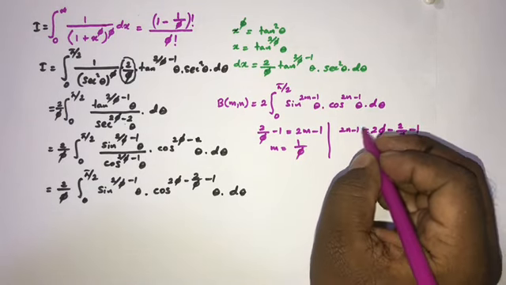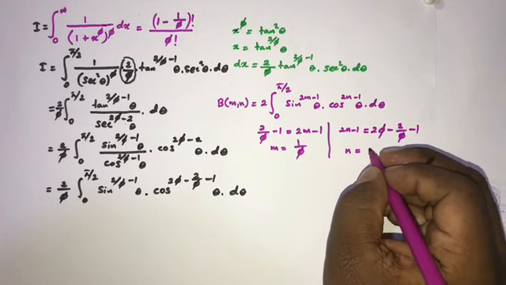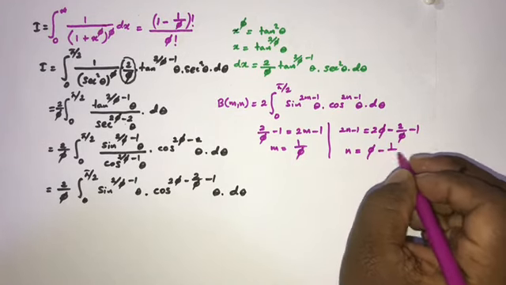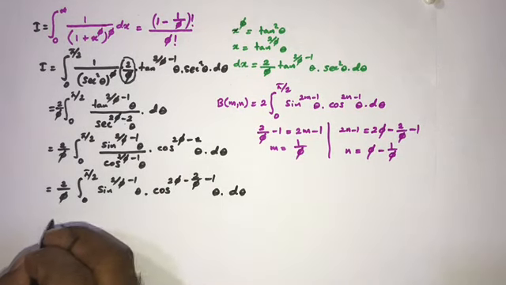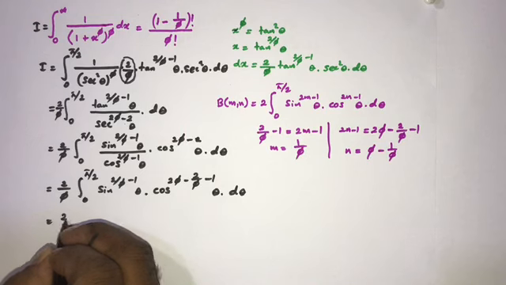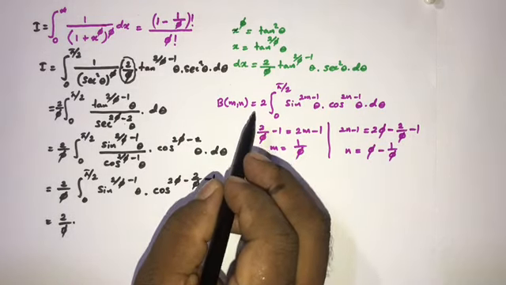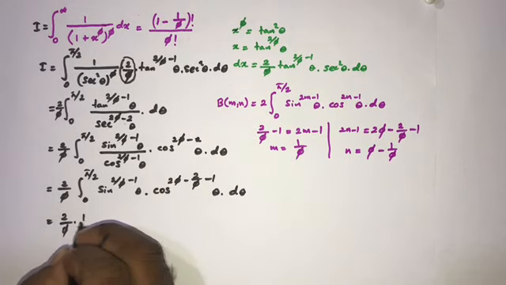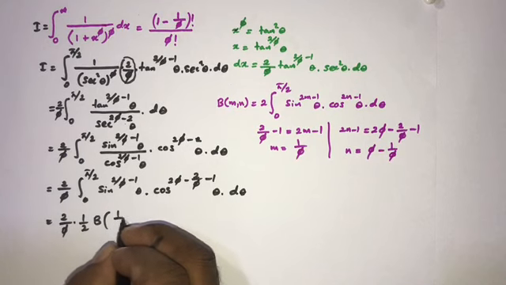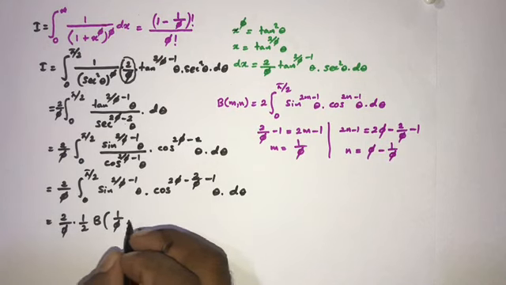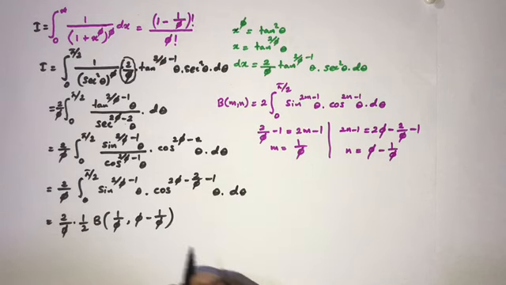Now minus 1 gets cancelled, 2 also gets cancelled, and we have n is equal to 5 minus 1 over 5. Okay, now our integral is equal to 2 over 5 times 1 over 2 beta of 1 over 5 comma 5 minus 1 over 5.